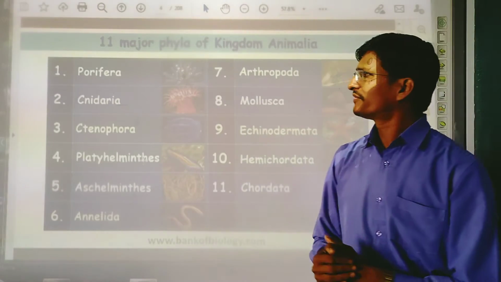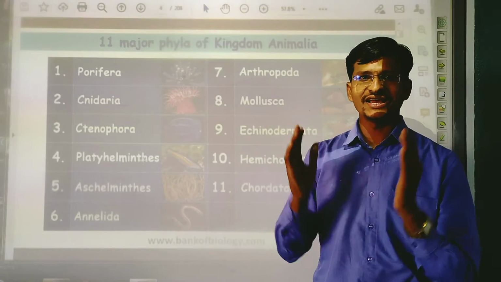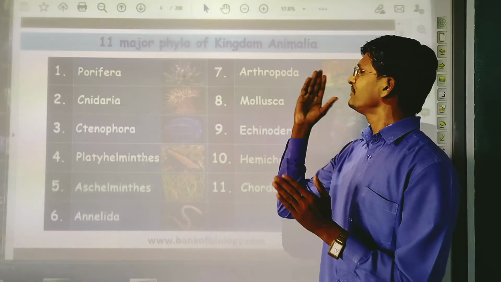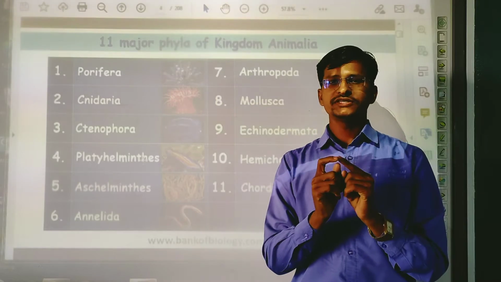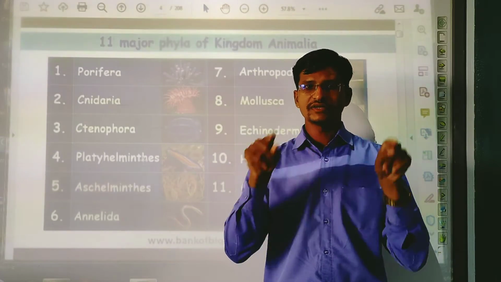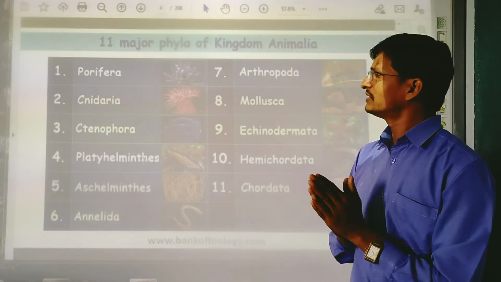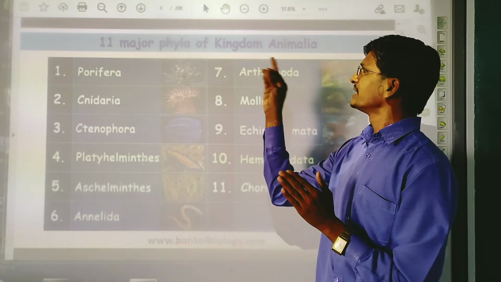Now here the major classification of the kingdom, the phyla of the kingdom Animalia. The word we use for animals is Animalia, the main kingdom. There are 11 major phyla of kingdom Animalia.